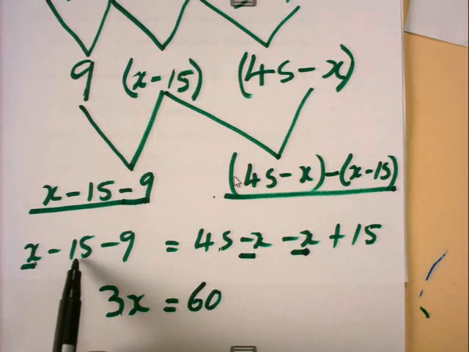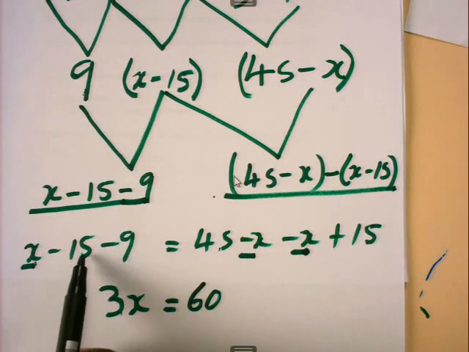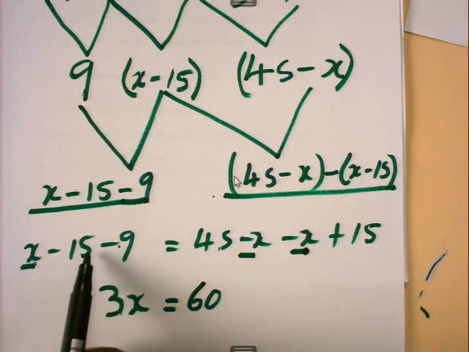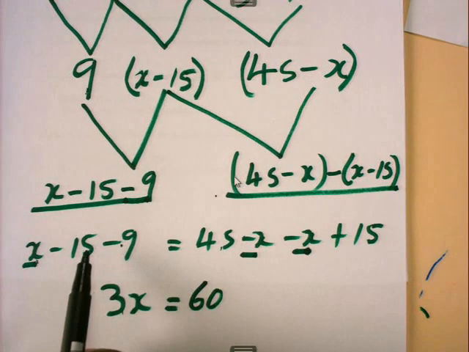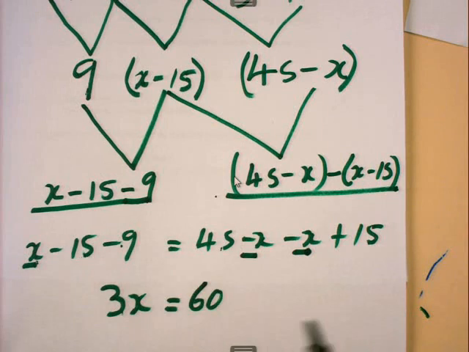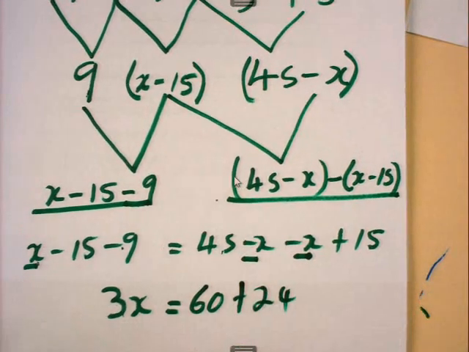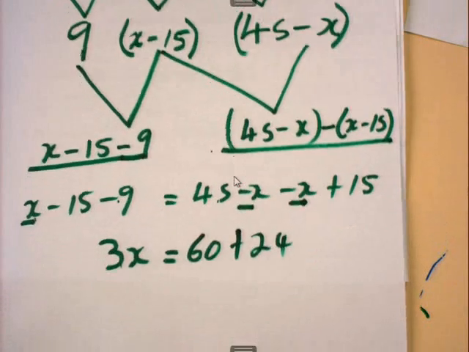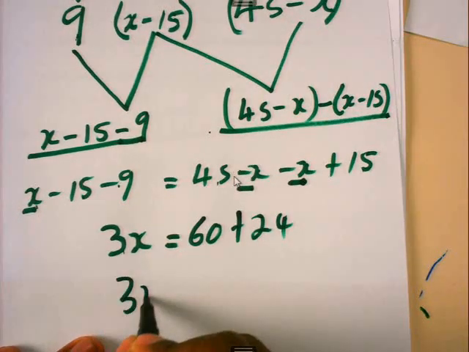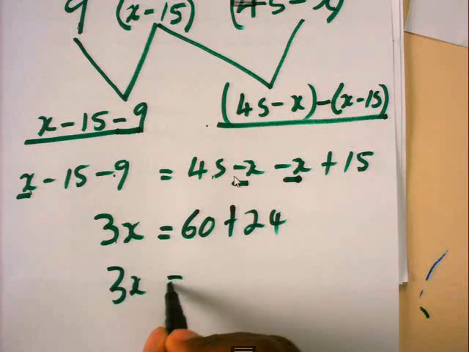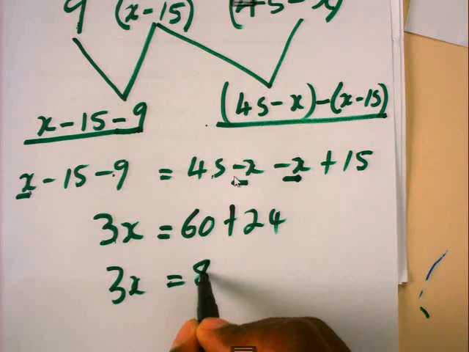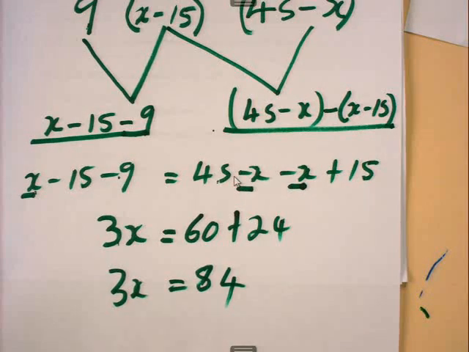Then minus 15 minus 9 gives us minus 24, and that minus 24, you need to transpose it to the right. Then it becomes plus 24. Let's add the like terms. 3x equals 84. Now, for us to determine the value of x, we divide by 3.